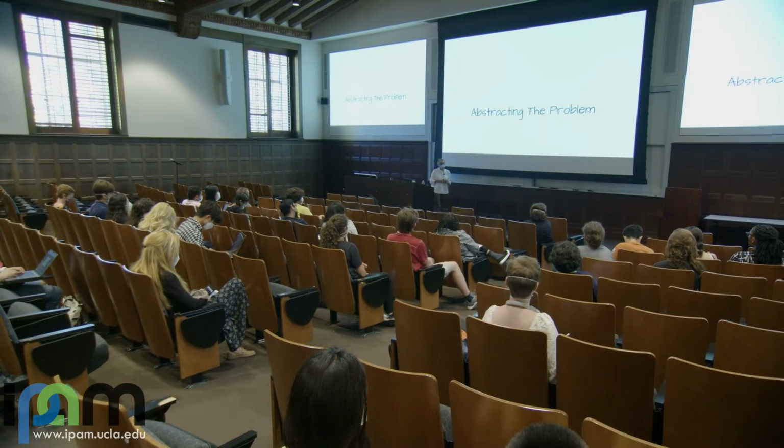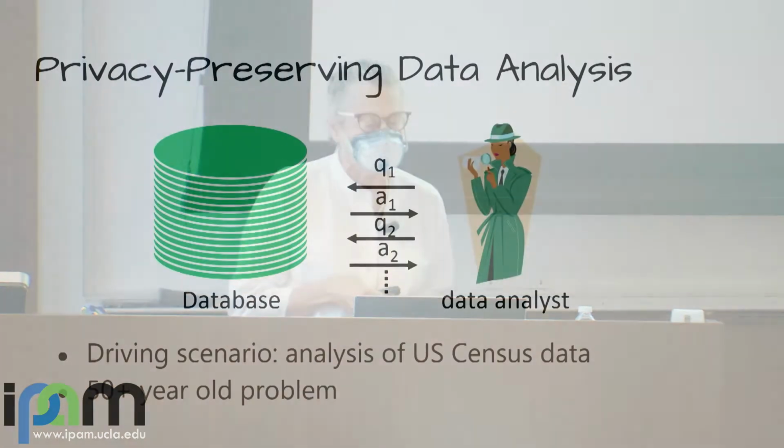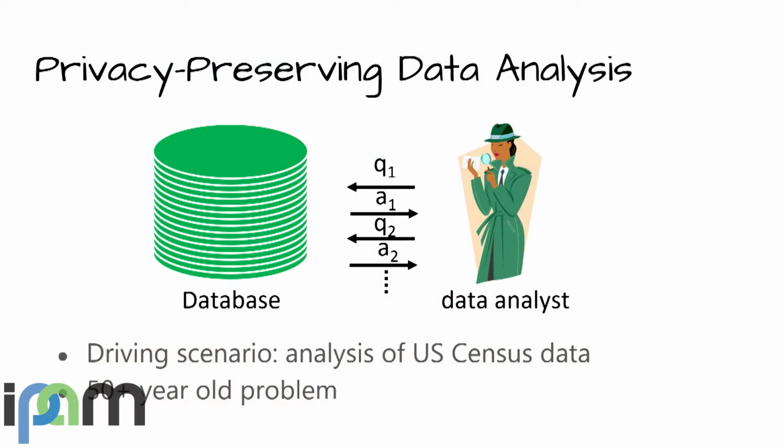So, how do we go about trying to study privacy-preserving data analysis? First, we have to abstract the problem. So here's our abstraction. We have a data analyst and a database. And the database, or sometimes I call it a data set, has lots of good, juicy information.